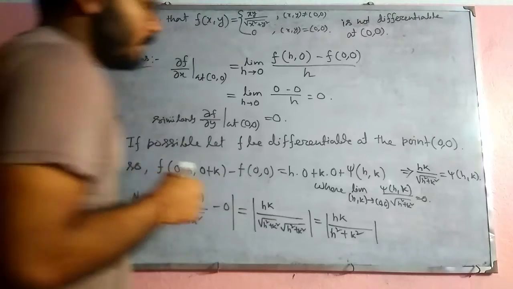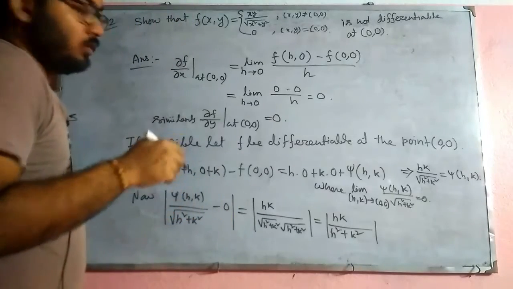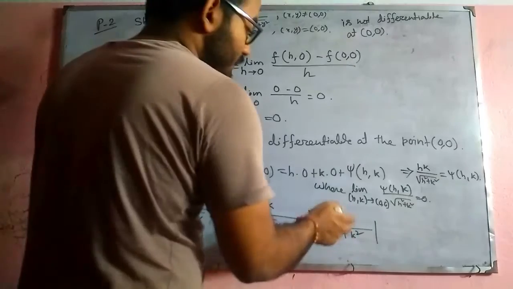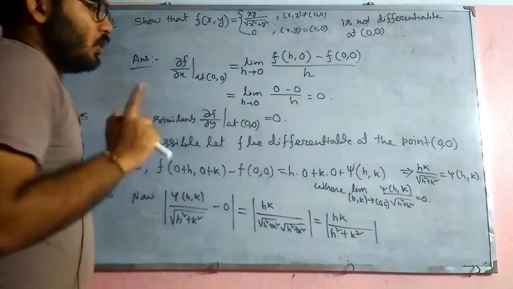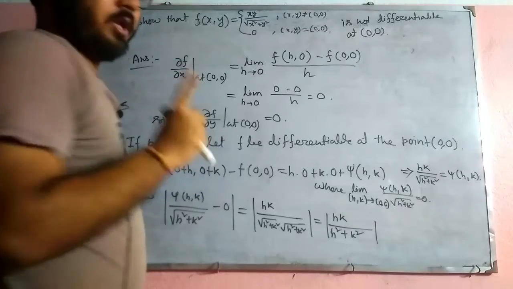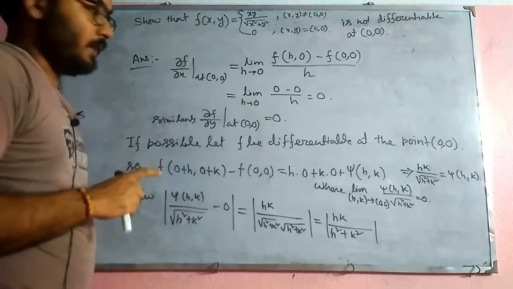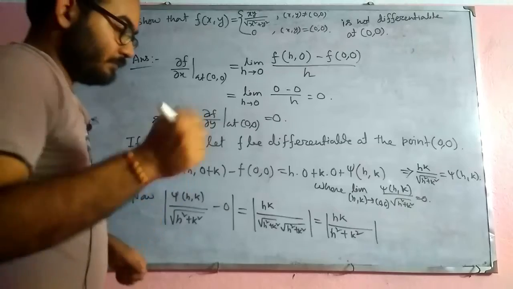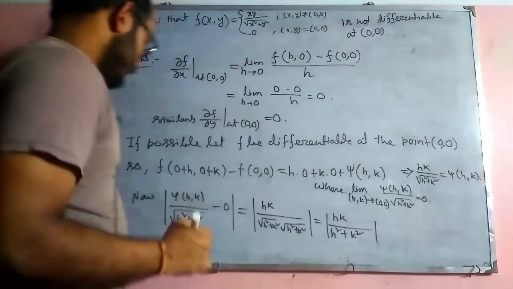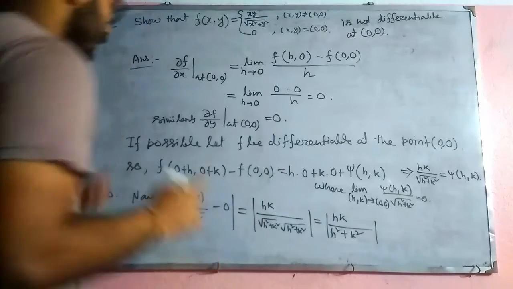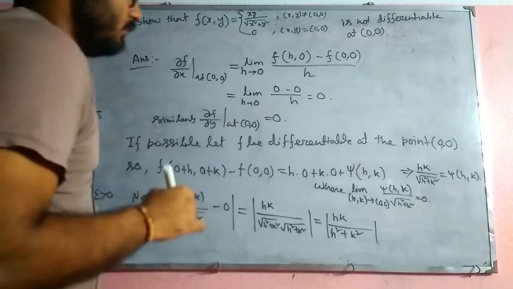Remember, when we were trying to find the limit of this function at the point 0, 0, we chose a path y equal to m x. So here we will choose that path.